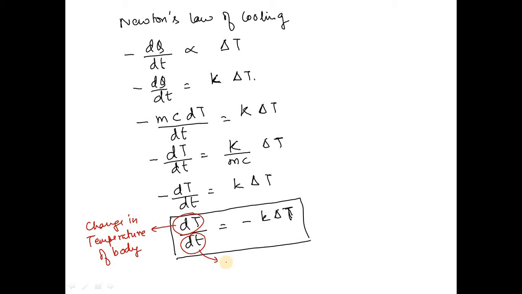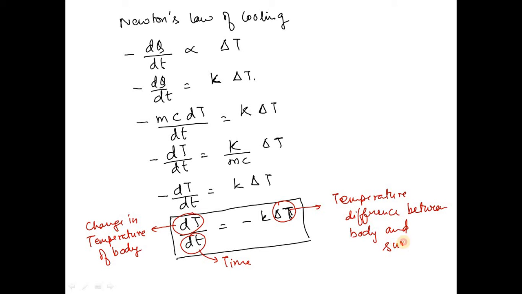This dt is the time in which the change is happening. Del T is the temperature difference between body and surrounding.